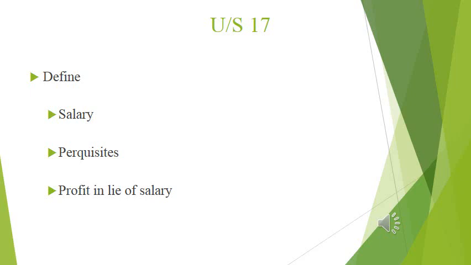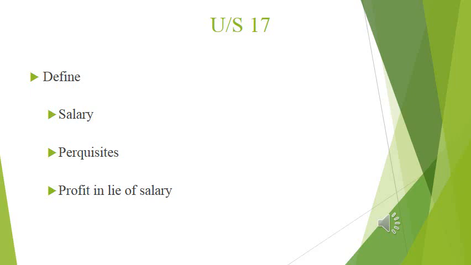People like me are not able to get free transportation, free vehicle, or free accommodation, only because I am not a principal in the college. So perquisites means any casual emoluments or facility attached to an office or position in addition to the salary. We will explain this term in detail while discussing the calculation of perquisites.